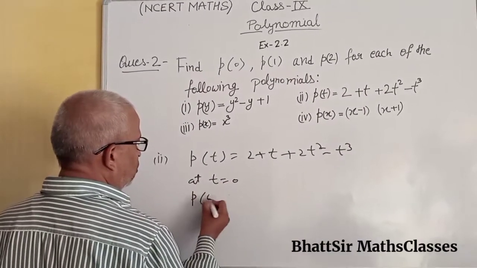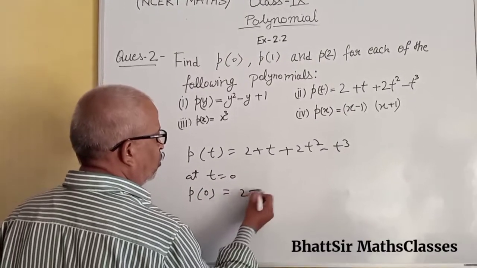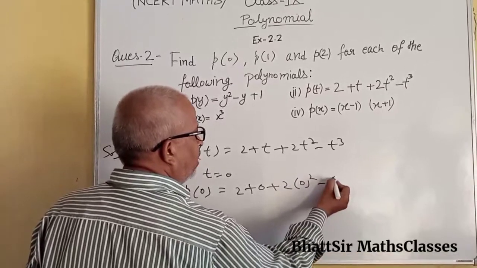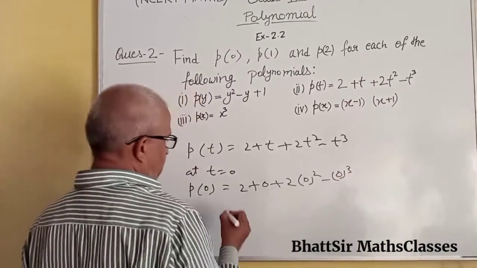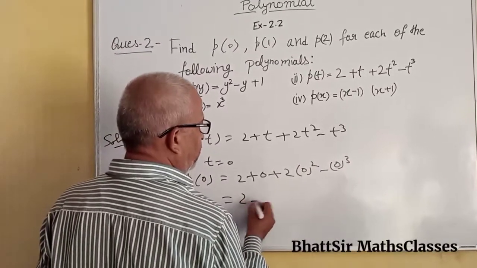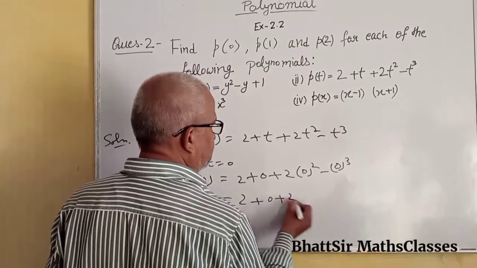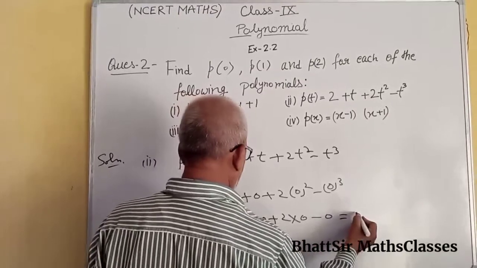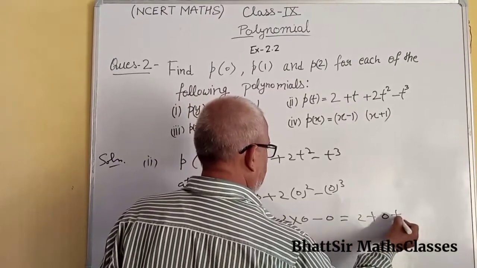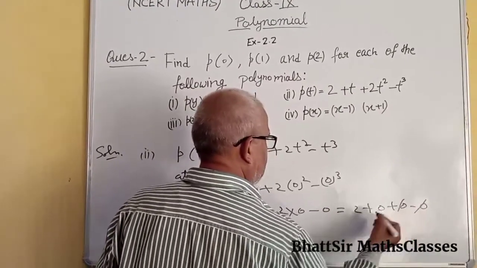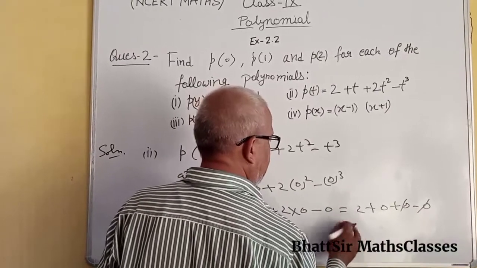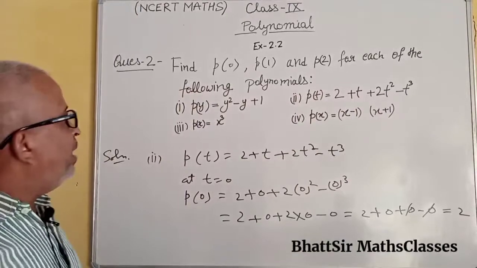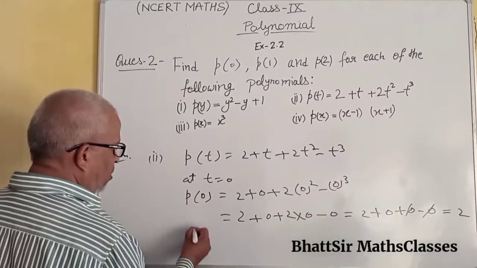So P(0) equal to 2 plus 0 plus 2 into 0 square minus 0 cube, equal to 2 plus 0 plus 0 minus 0. Answer will be 2. Similarly, we have to find P(1).